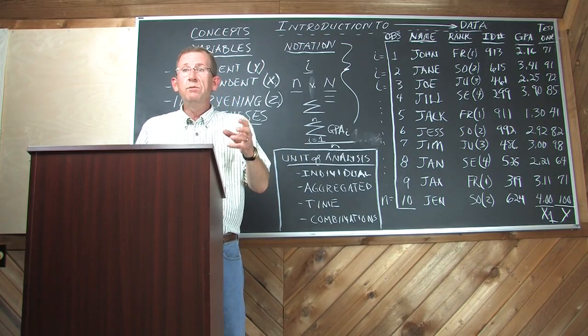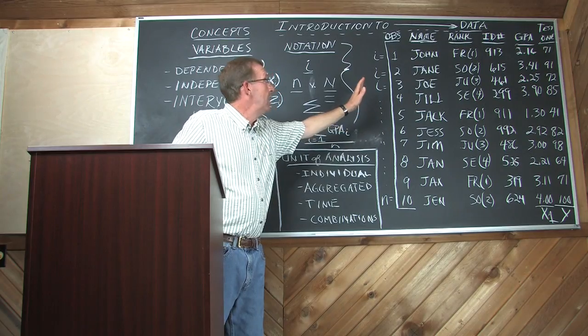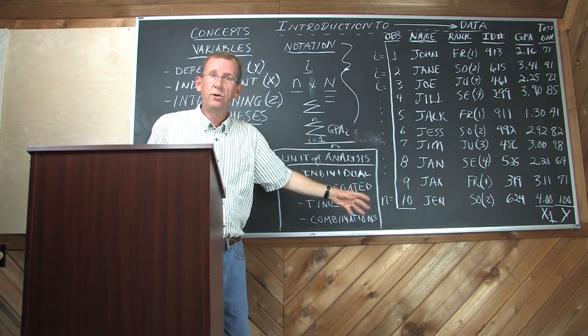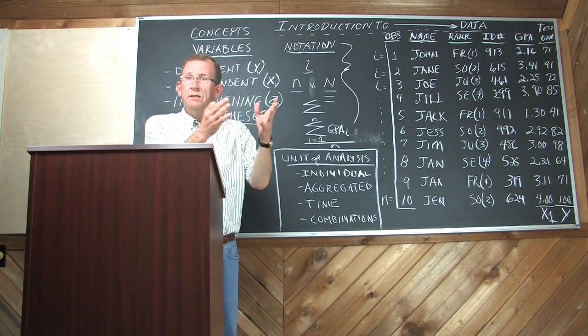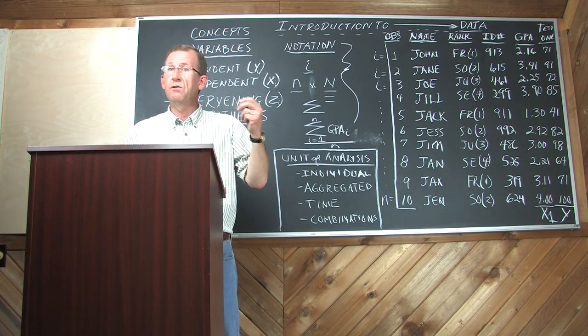Suppose we have not John, Jane, Joe, and Jill, but Alabama, Alaska, and so forth, and N equals 50, and we've got this indicator of whether the state is intending to participate in 2014 or not.